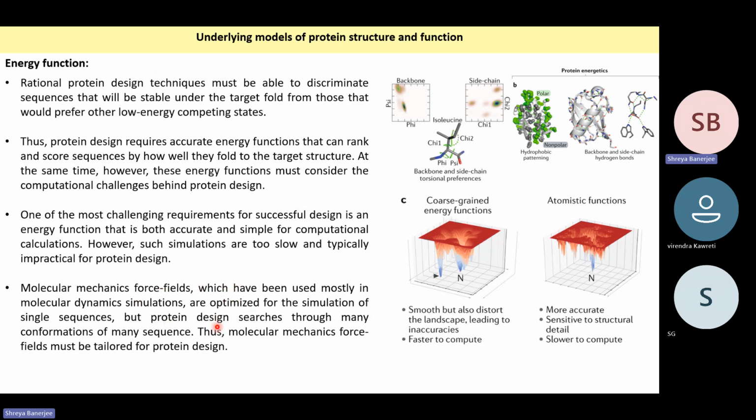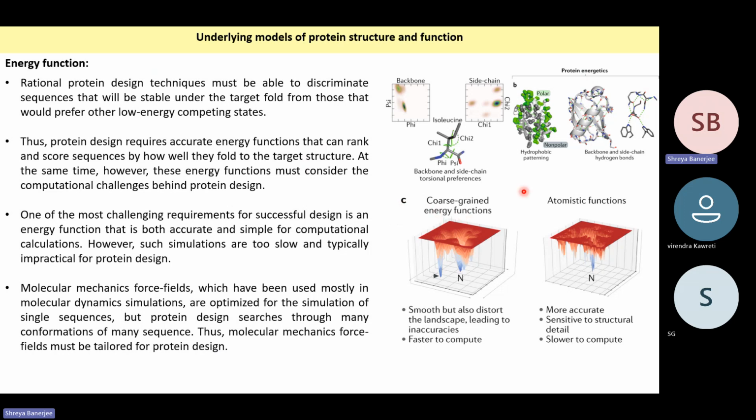But for protein design, you need to first optimize the sequence, so there can be multiple possible sequences. And within the sequence itself, there can be so many conformations, like the side chain chi1, chi2 can rotate, and so on. So there is a much greater space within which the energy function has to search. So the energy function has to be appropriately designed.